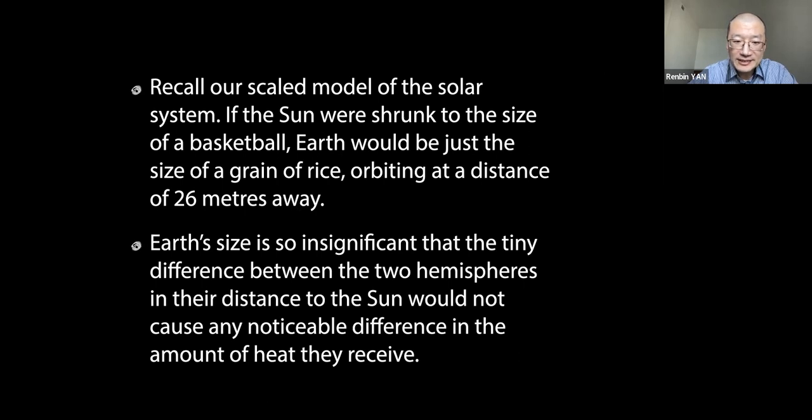Okay, the Earth is so insignificant that the tiny difference between the two hemispheres in their distances to the sun will not cause any noticeable difference in the amount of heat we receive. Because the Earth is so tiny, if you compare one side of that grain of rice to another side, they're essentially at the same distance to this basketball, 26 meters away.